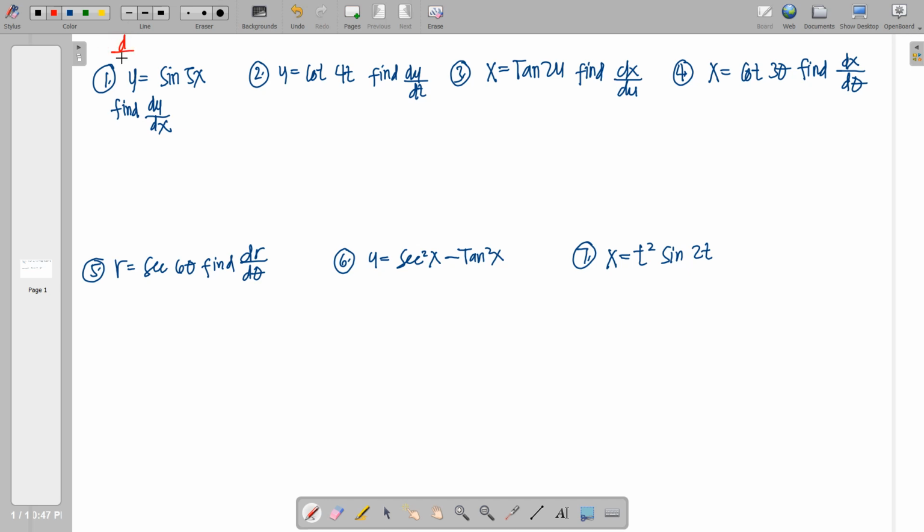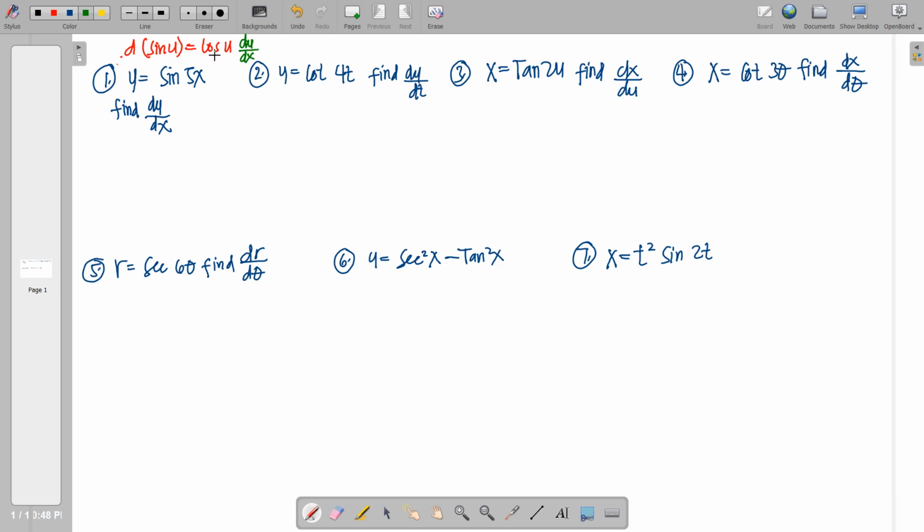just equal to cosine x. And we should note that there will be, so perhaps we can just express this into u para ma-emphasize natin yung chain rule dito.